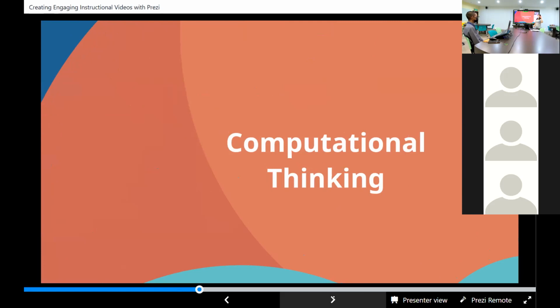Critical thinking means you're able to analyze a problem, see it from different perspectives, and evaluate its pros and cons, advantages and disadvantages, before you make a decision. But computational thinking is more about seeing the pattern and the logic, like computer programming language.